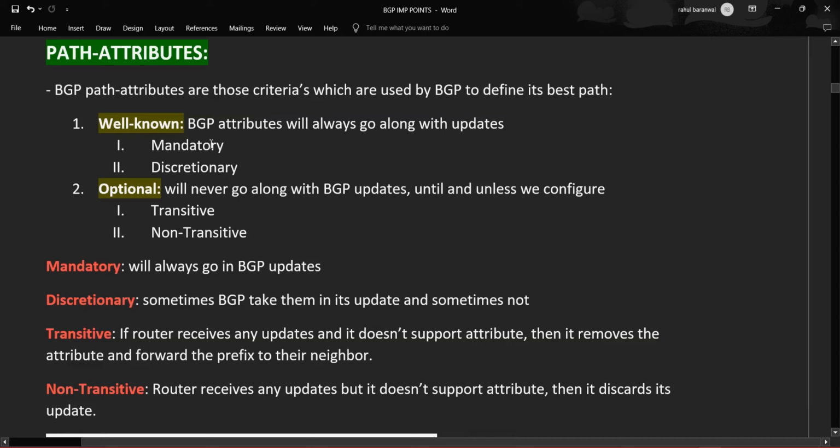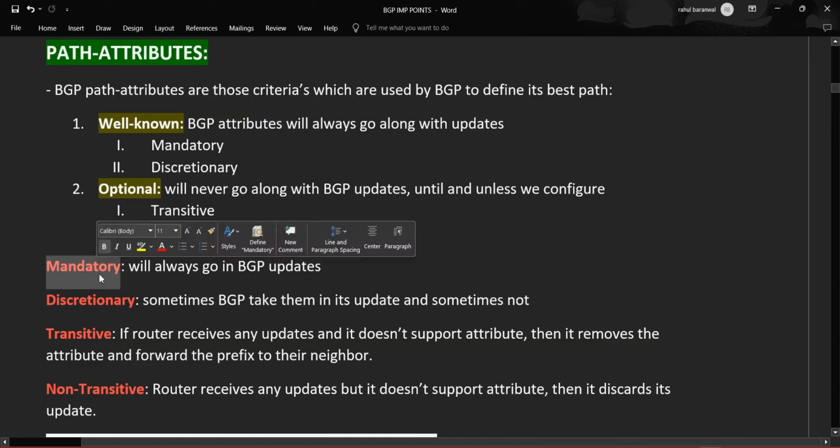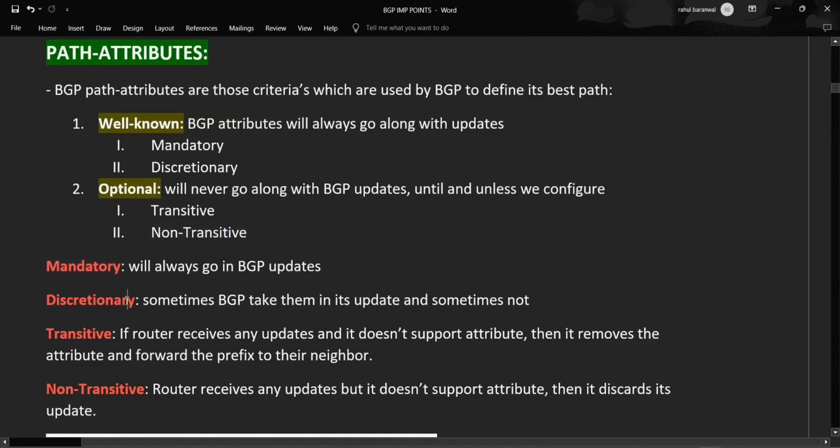So what is mandatory? Mandatory attributes will always go in BGP updates, and discretionary attributes are those that BGP sometimes takes in its updates and sometimes not. So we can understand which attributes come under mandatory and which come under discretionary.